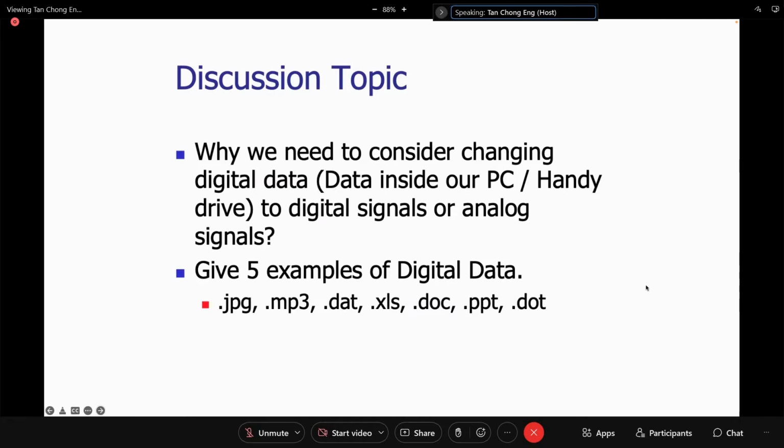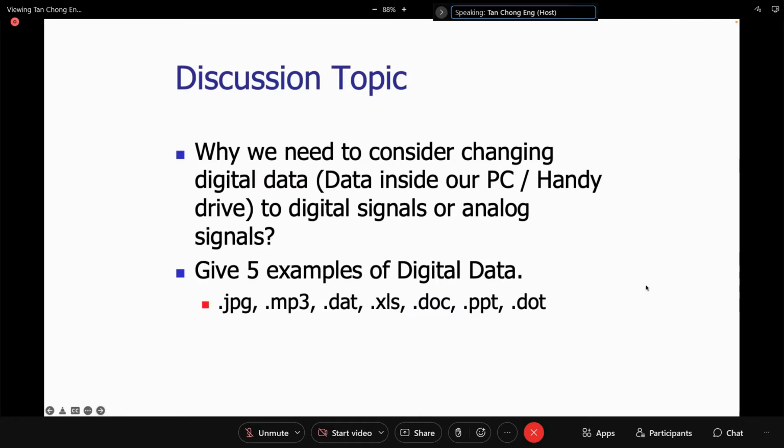If you want to transfer your digital data over a longer distance, for example into the internet or a computer network, which is separated by maybe tens or hundreds of meters, and the internet transmits over the whole world, then you want your data to go outside of your computer system.